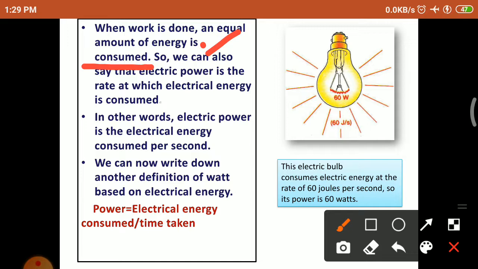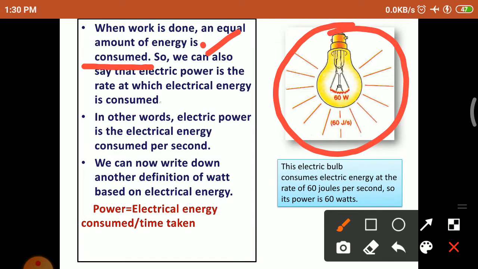That means if you are giving some current to the electric bulb, this electric bulb uses that current, and an equal amount of energy is used up. So we can say that electric power is the rate at which electrical energy is consumed. The meaning of consumed is nothing but used up.